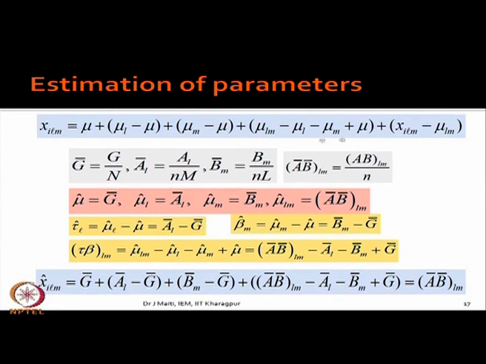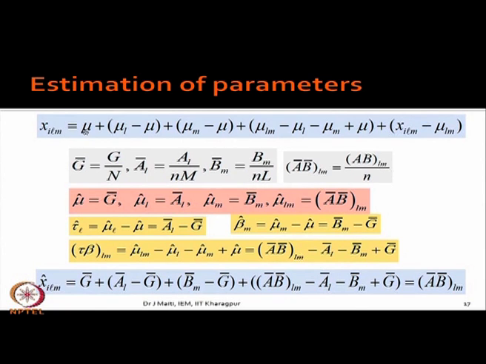You see that you have taken here mu L, so you are subtracting mu L, here mu minus mu plus mu, so it is cancelling. Finally, xilm minus mu Lm, because one mu Lm is added here, and this is the partition.